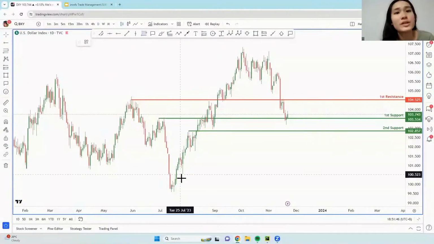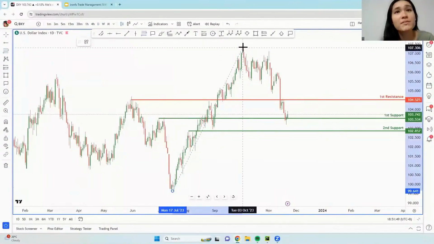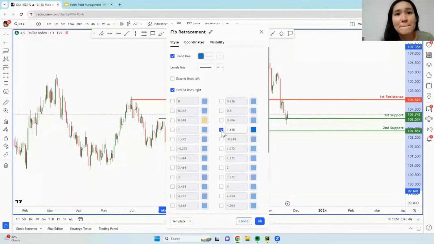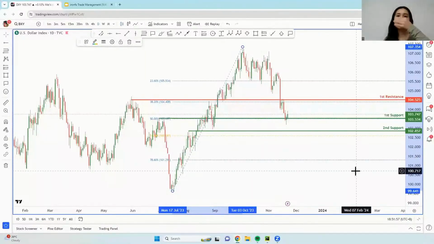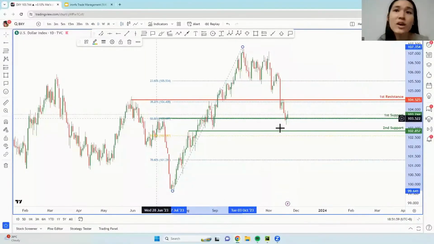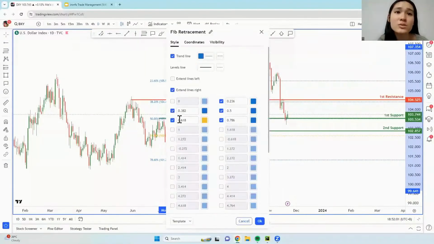Now let's go in with some Fibonacci levels again. Okay, I see price testing our 50% level here. So I'm just gonna keep our 50%.